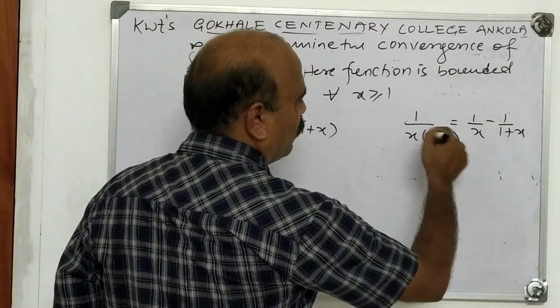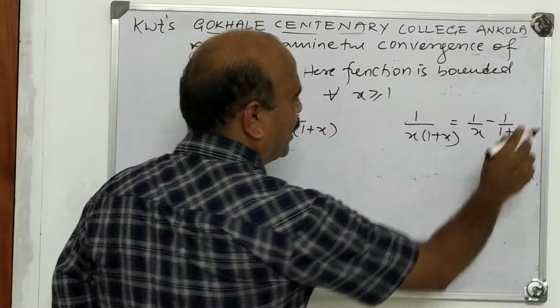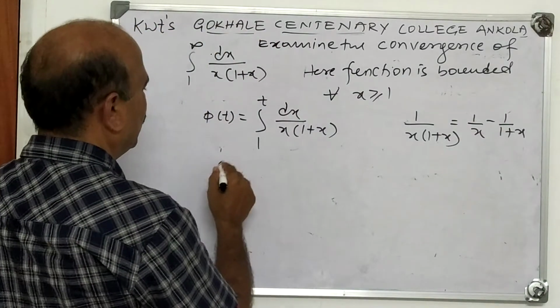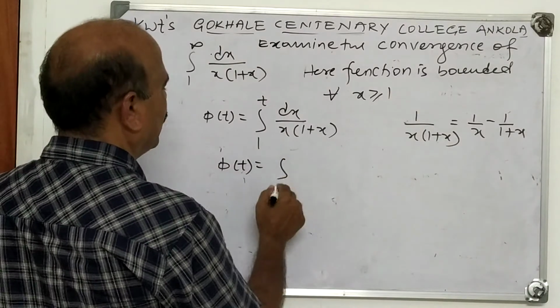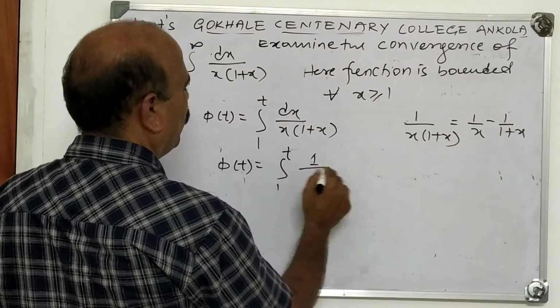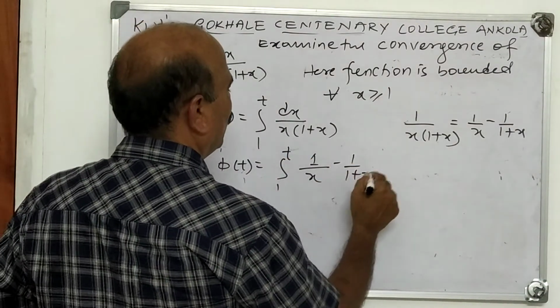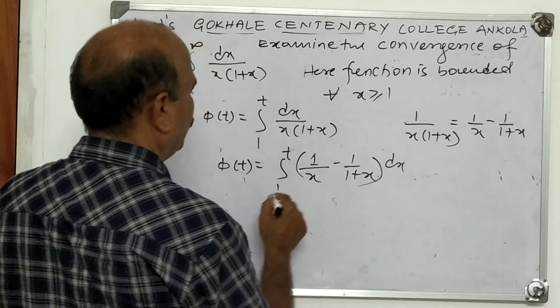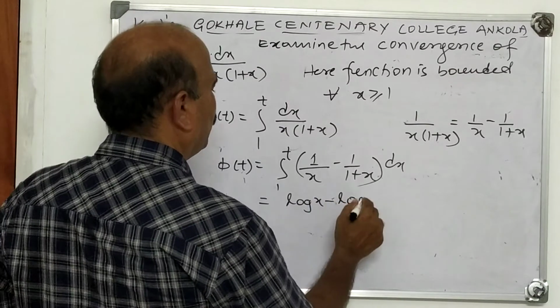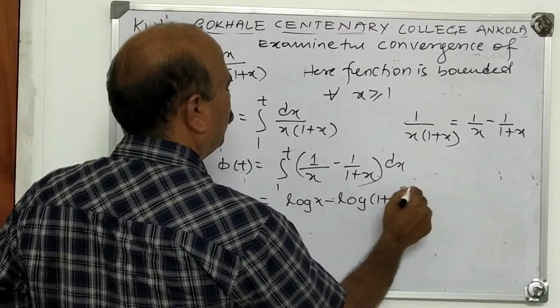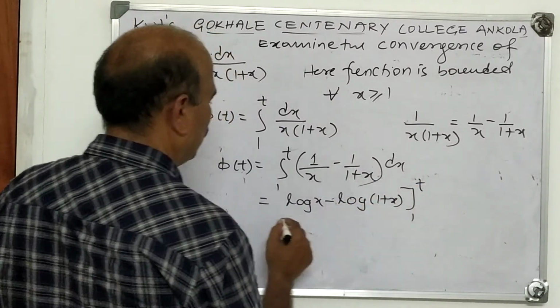You can directly write 1 upon x into (1 plus x) is 1 upon x minus 1 upon (1 plus x). Therefore, phi of t is the integral from 1 to t of 1 upon x minus 1 upon (1 plus x) dx. It is log x minus log (1 plus x) from 1 to t.